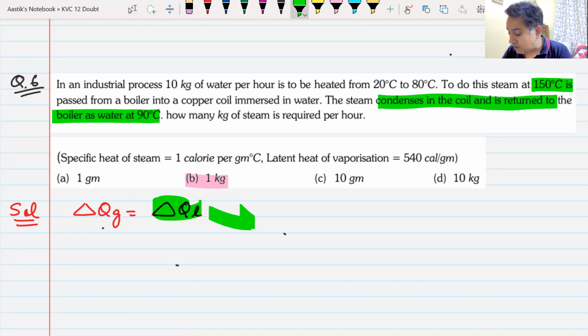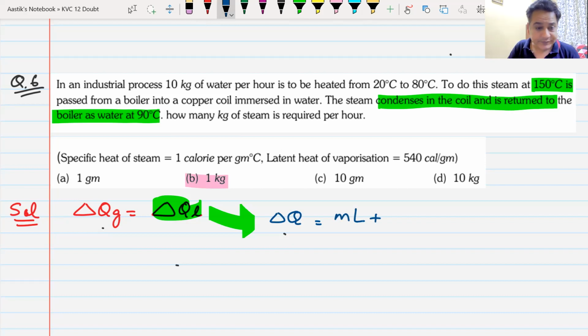How much heat is he losing? Tell me fast. 10,000 into 1 into 60. Okay, so the amount of heat it is losing will be m into L because it is condensing. At the same time, there are three things that are happening here.